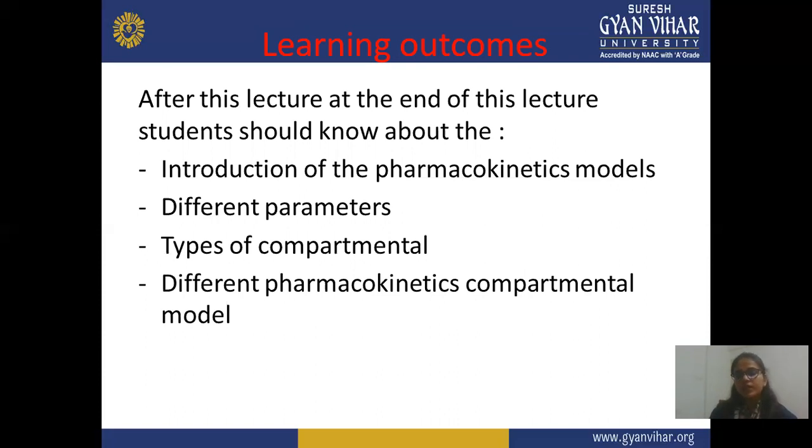Means what the pharmacokinetic models are, including description and introduction of this model, and different parameters. In parameters, we mainly include pharmacokinetic and dynamic parameters, or different sub-parameters of these, including AUC, MEC, MSC, onset of action, and peak concentration, that is Cmax and Tmax. We already discussed all these parameters.